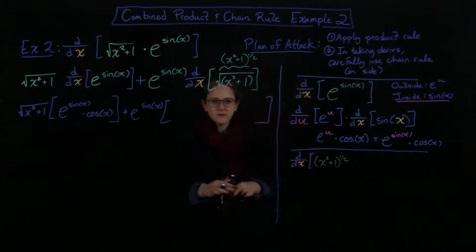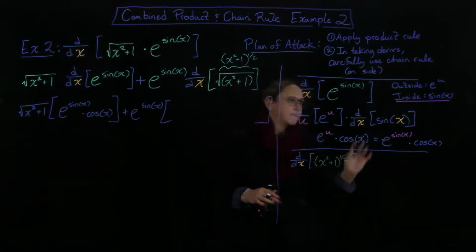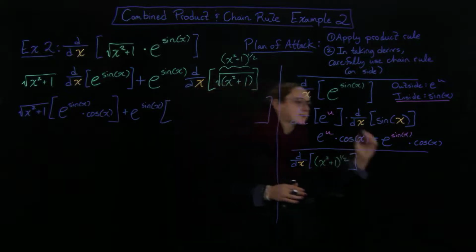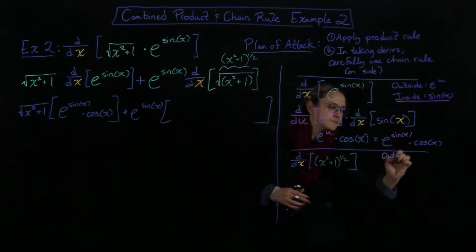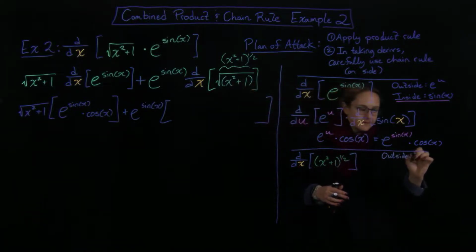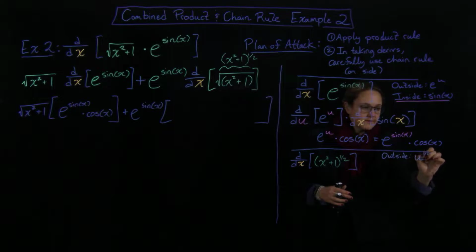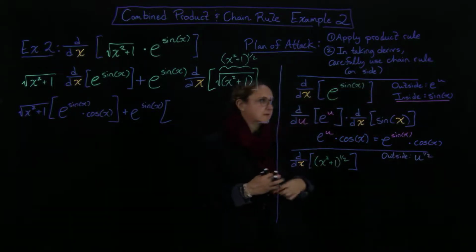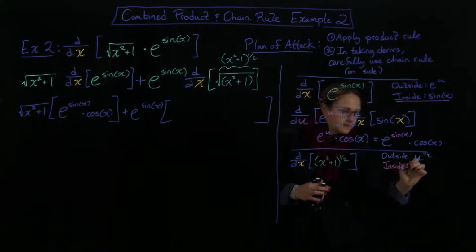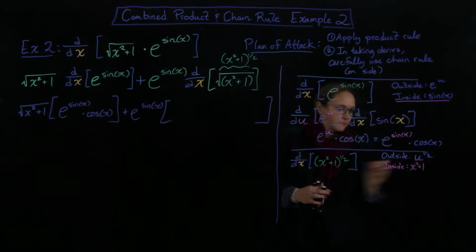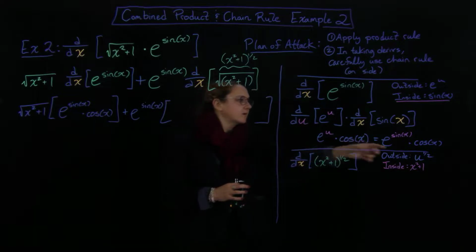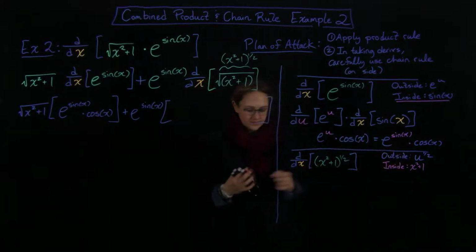So my outside is going to be u to the 1/2. And then my inside is this u, right? So the inside is x squared plus 1. And so the derivative of my outside is going to be 1/2 u to the minus 1/2.